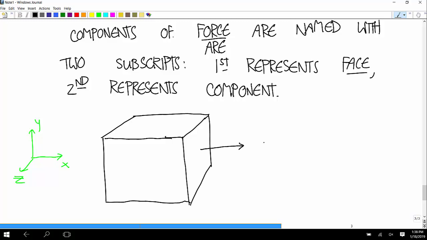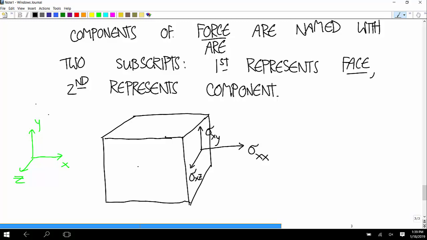Okay, so I'm going to call this sigma xx, okay, because it's the x face and this is the x component. What's this one called? Sigma xy and sigma xz.